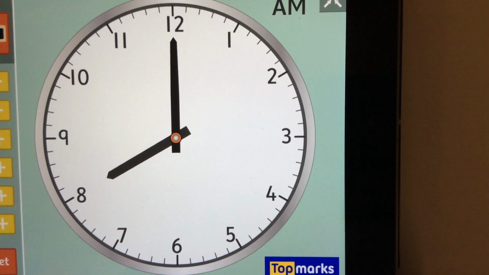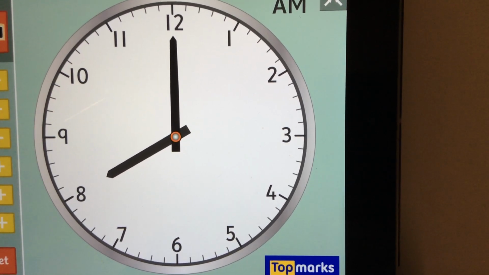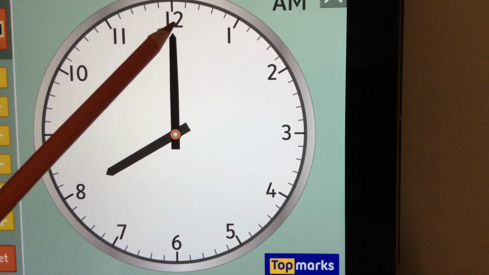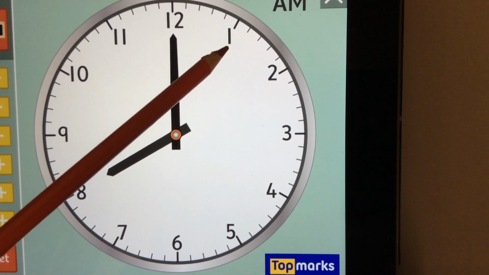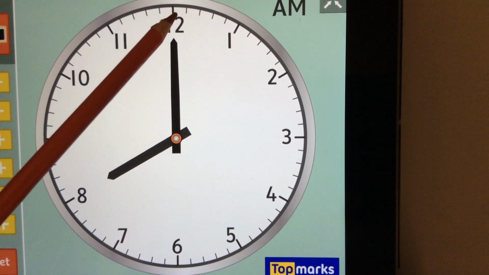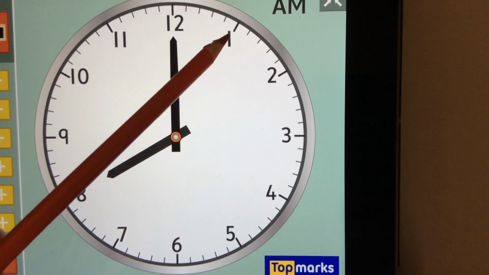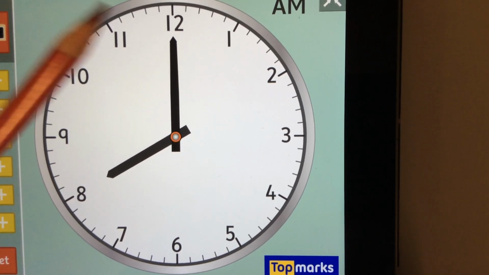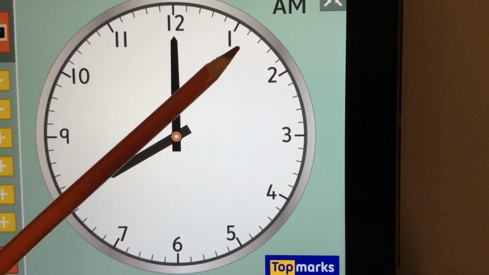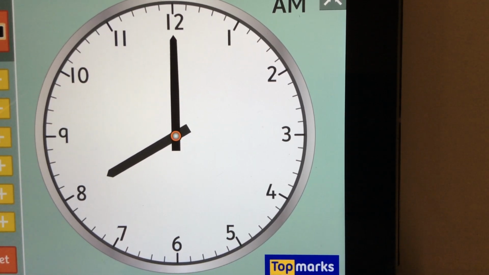Is there another way of checking up on that that's a bit quicker? Let's have a look. Let's count in between this number and this number. And we have got 1, 2, 3, 4, 5. There appears to be 5 minutes in between these two sections. Let's check that.